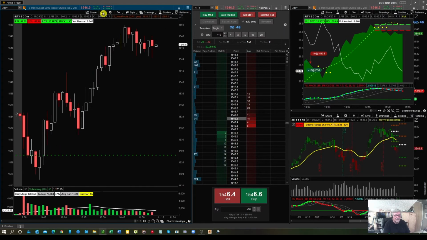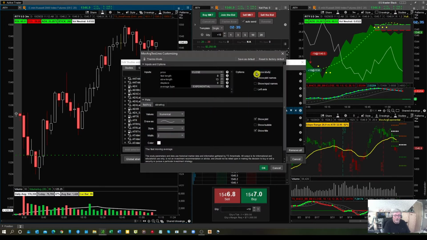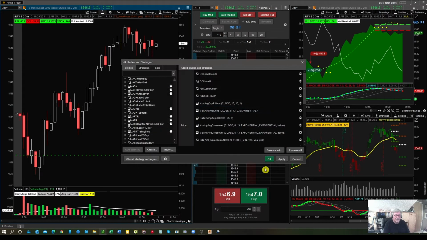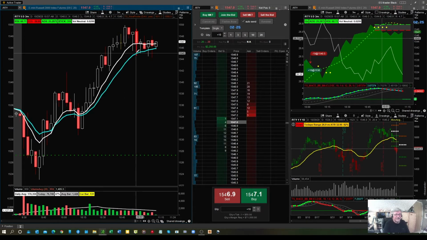The next thing I want to point out is the 8 and the 13 EMA crossover, or moving averages. The white line is the 8, the blue line is the 13.